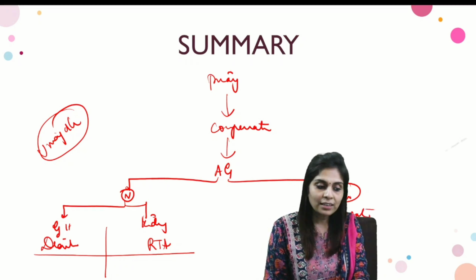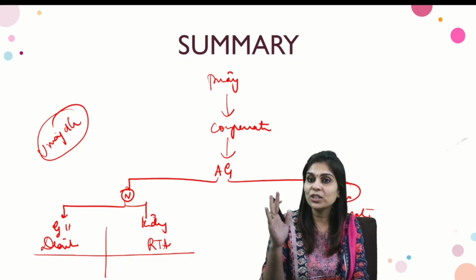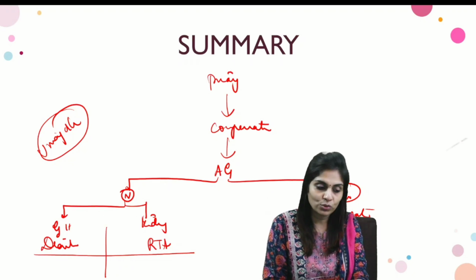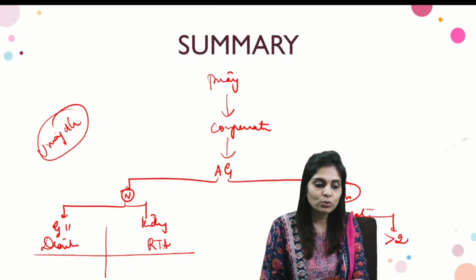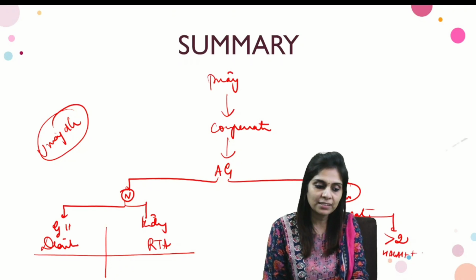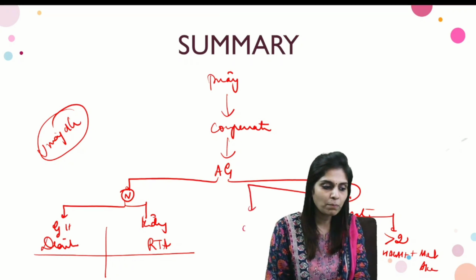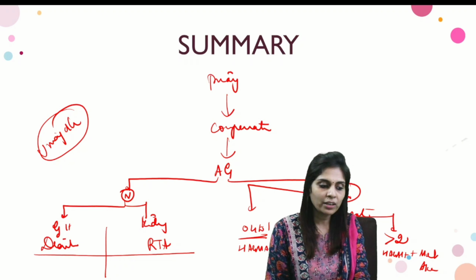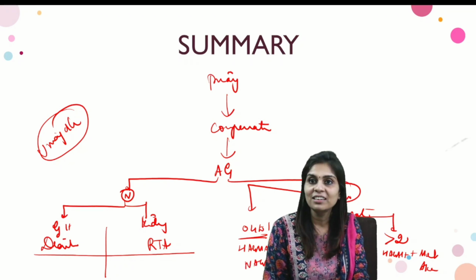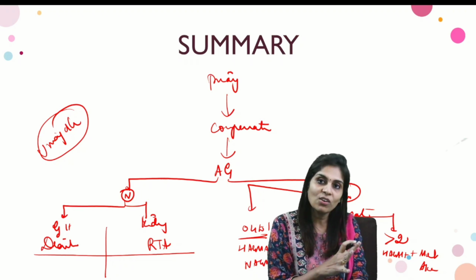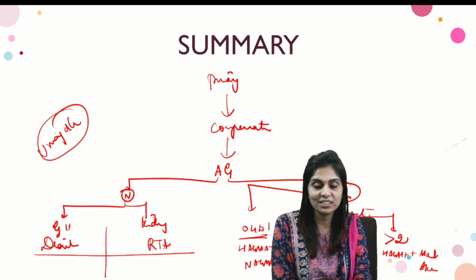If delta-delta ratio is between 1 and 2, you would say it's a case of just high anion gap metabolic acidosis. If it's more than 2, it means it is a high anion gap metabolic acidosis plus metabolic alkalosis. If it's between 0.4 and 1, it means it's high anion gap metabolic acidosis plus normal anion gap metabolic acidosis. So this is the sure success algorithm for metabolic acidosis.